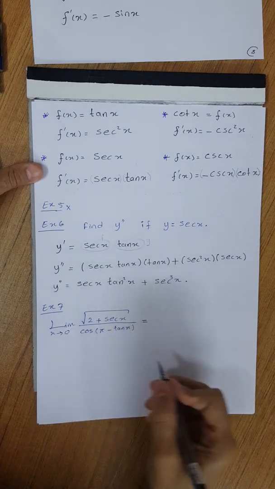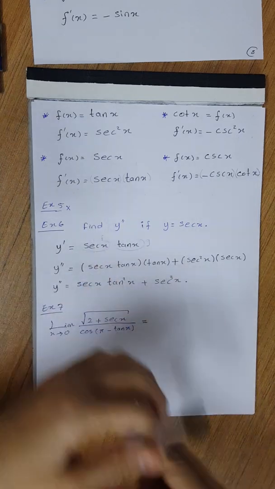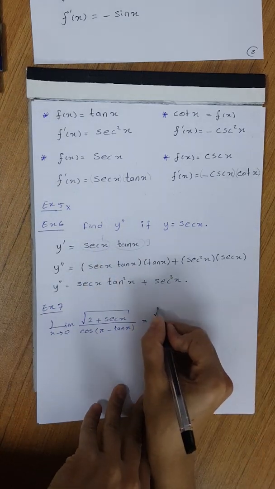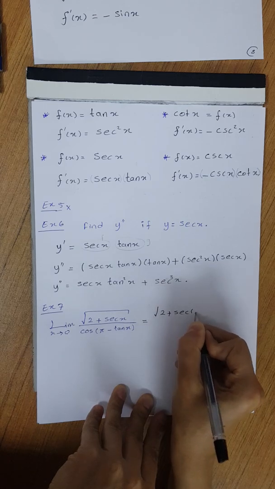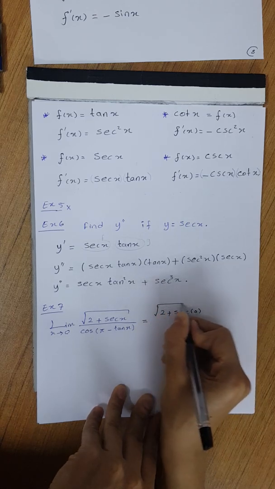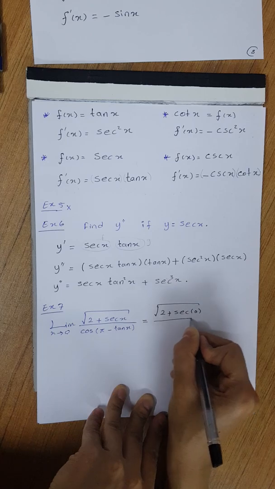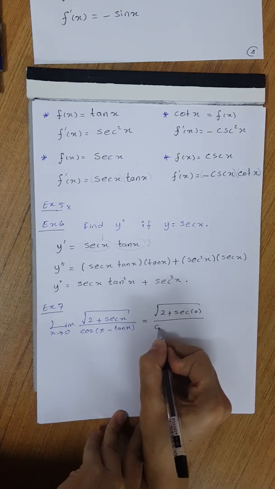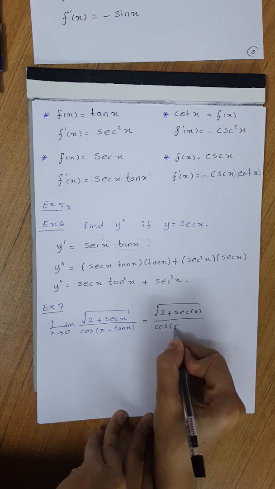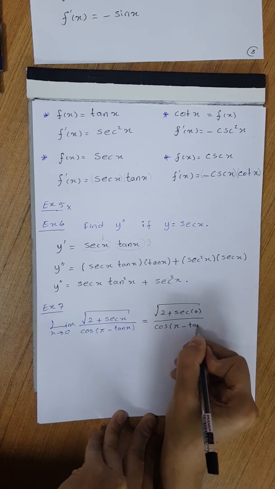If I put the limit into here, secant of 0 is equal to what? I will get, let me write it down like that, 2 plus secant of 0, because 0 in secant function doesn't make a problem for me. That's why I'm directly inputting it inside the function, over cosine of pi minus tan of 0.